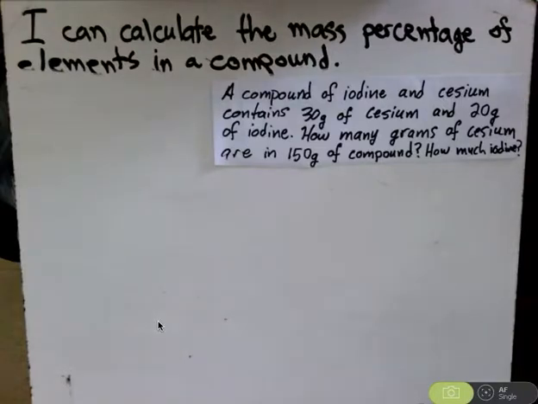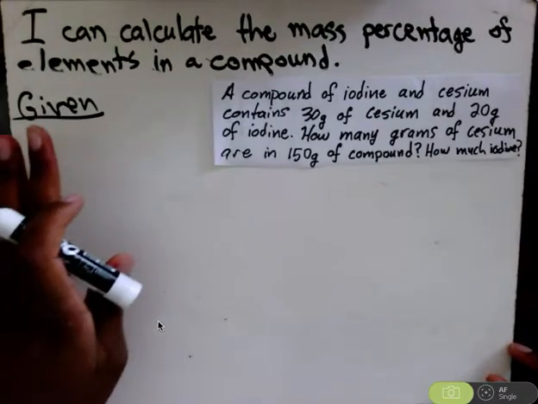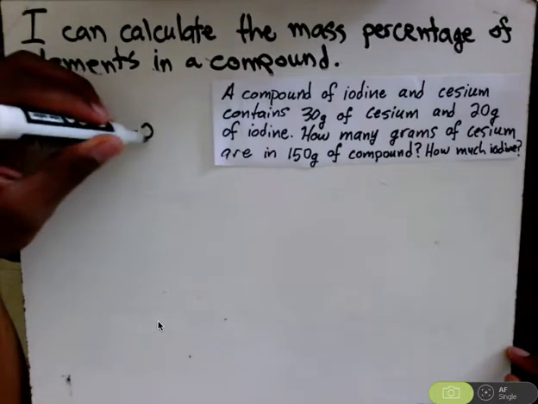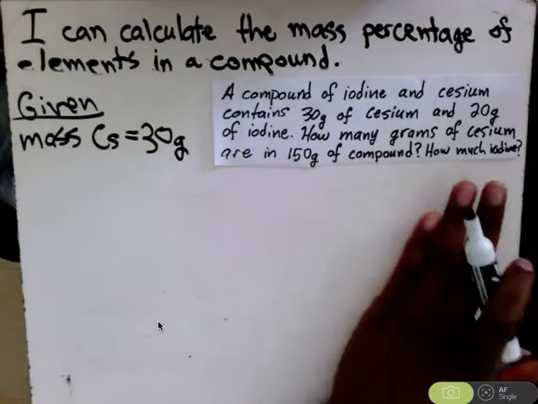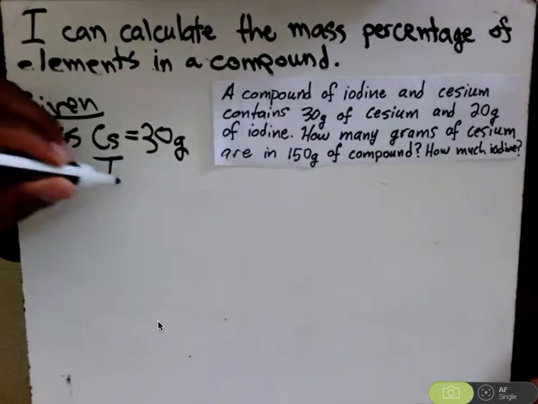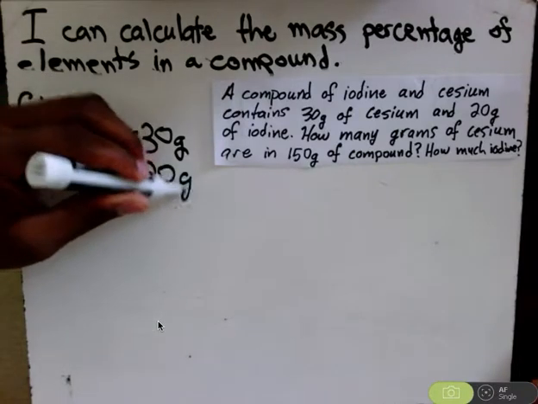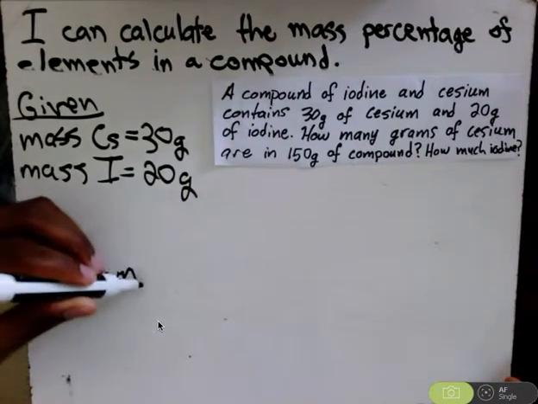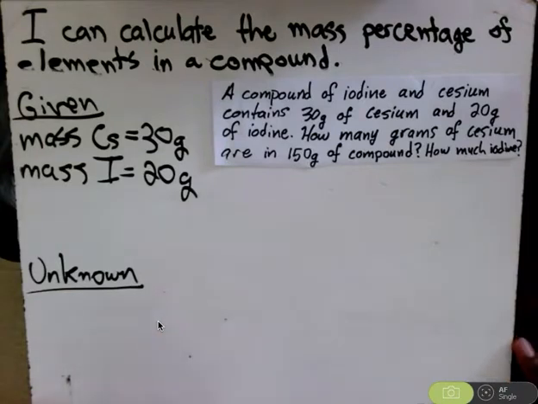So this is how we attack this problem. First, we always want to start out with our given quantities and our unknowns. Our given, we have 30 grams of cesium, we have 20 grams of iodine, and our unknown is slightly more complex.